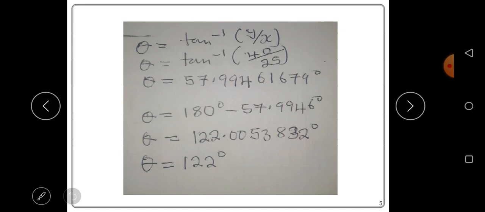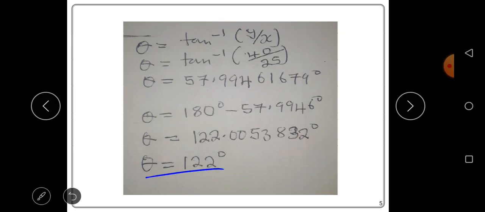When we punch this on a calculator, we get theta to be 57.99461679. Earlier we mentioned that this vector is in the second quadrant, so we are supposed to subtract 57.9946 degrees from 180, and when we do that, we get theta to be 122.005783 degrees. Writing this in 3 significant figures, we get 122 degrees.